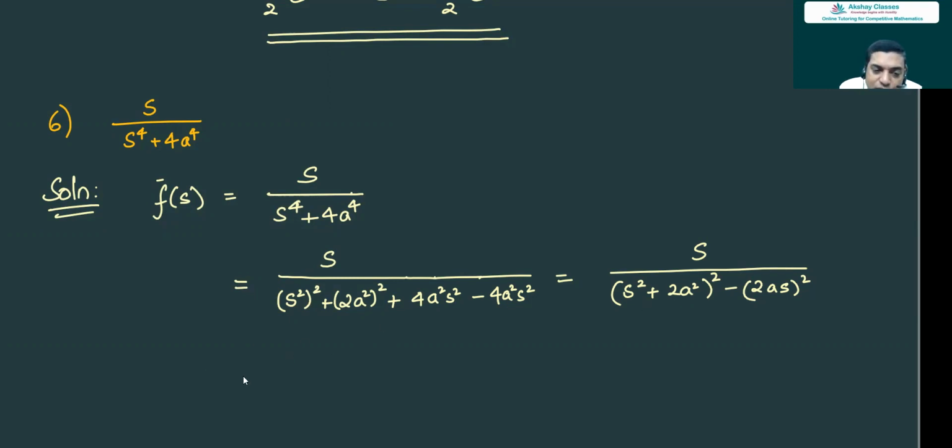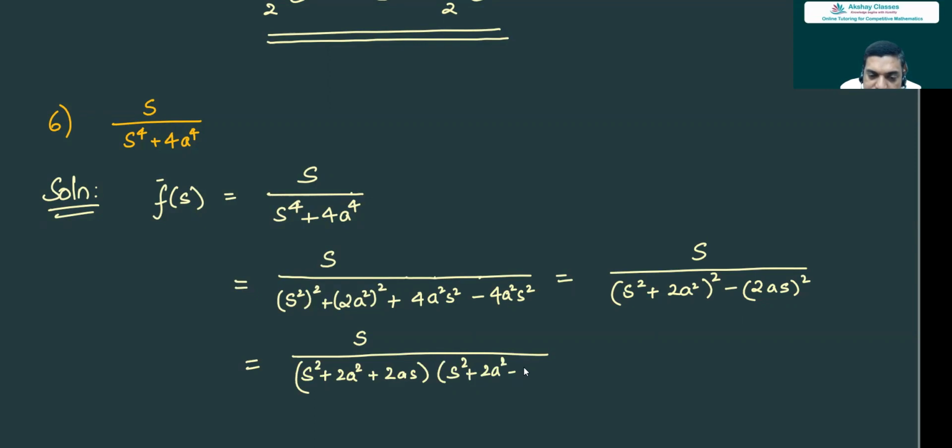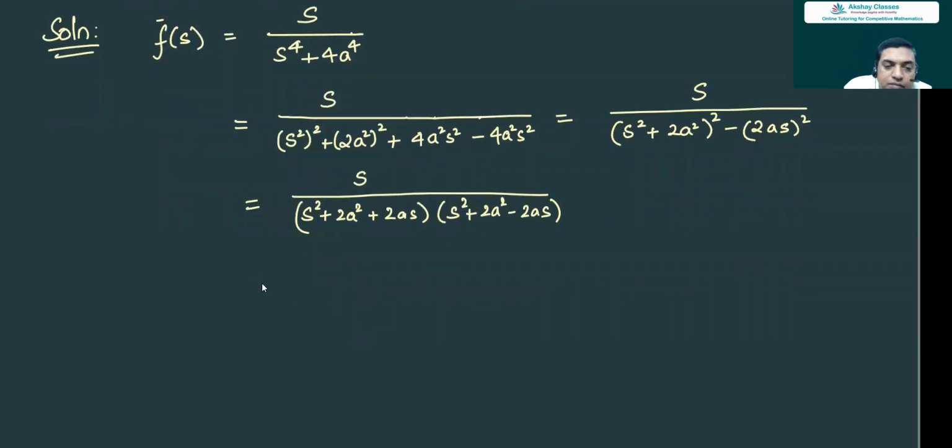Now this is a plus b into a minus b. So I get s upon s square plus 2a square plus 2as, and s square plus 2a square minus 2as. Now, if I make a difference of these two factors, s square plus 2a square gets cancelled.